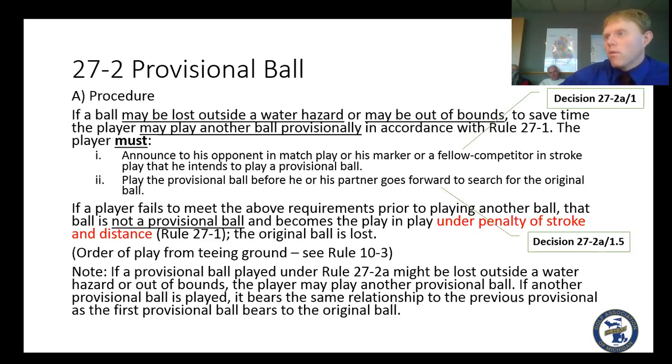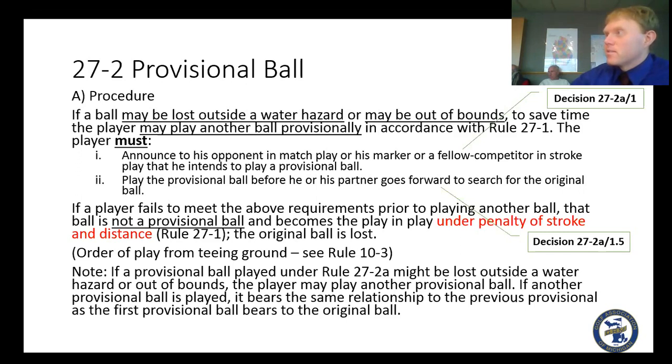I know that I've been in situations at some courses where the players hit 5 balls before they leave the tee, and you're just praying that they find the first one and not the fifth one, because it's going to be a bad start to the day.